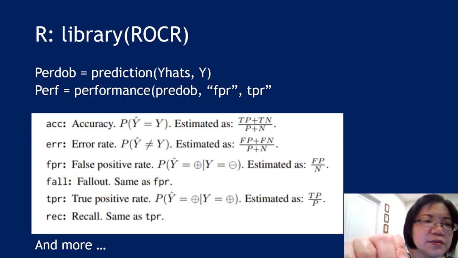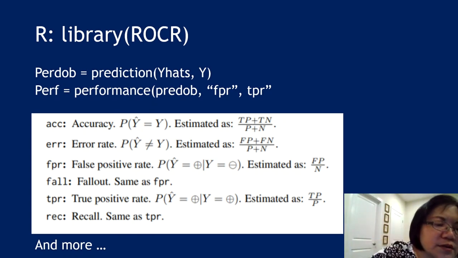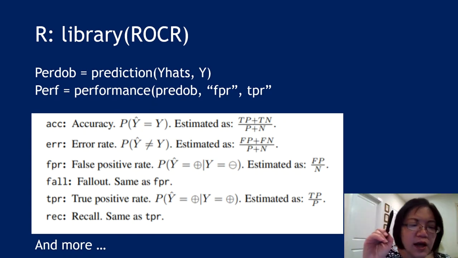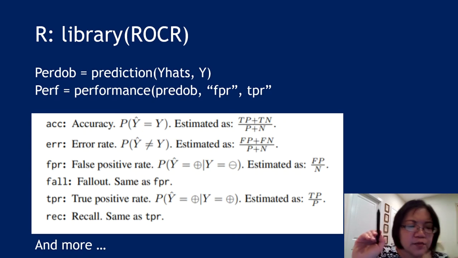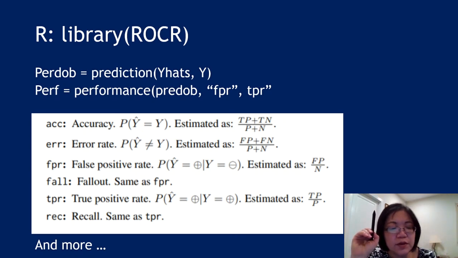However, if you look at the documentation for this library, you can see that there are lots of different parameters you can use. We've used the true positive rate and the false positive rate, but you can also construct ROC curves using other performance measures like accuracy, error, fallout, recall, and so on and so forth.